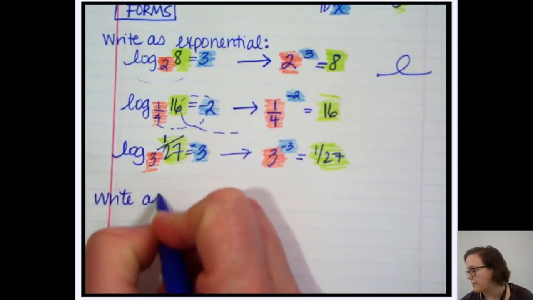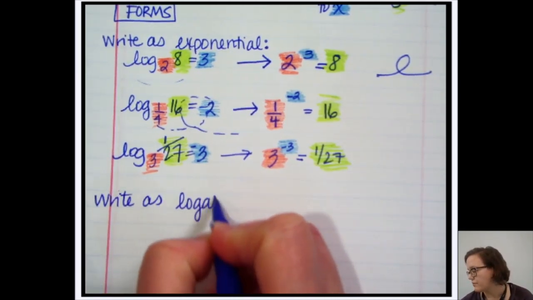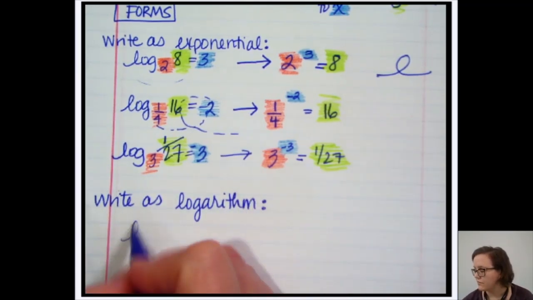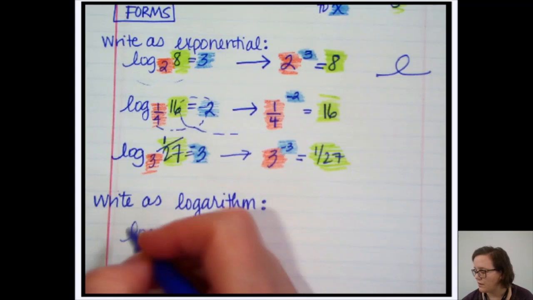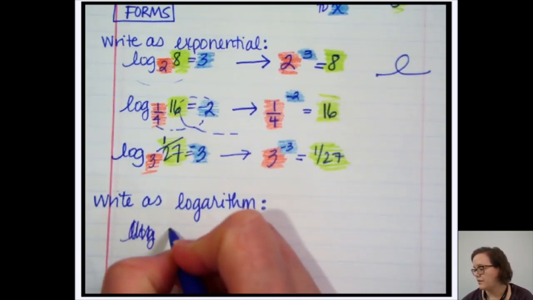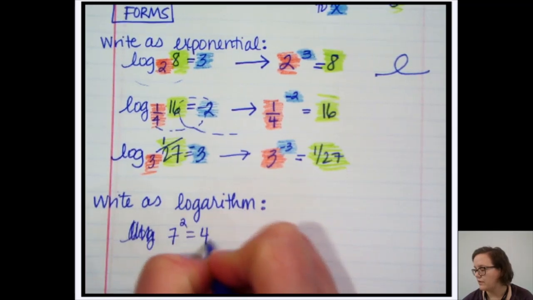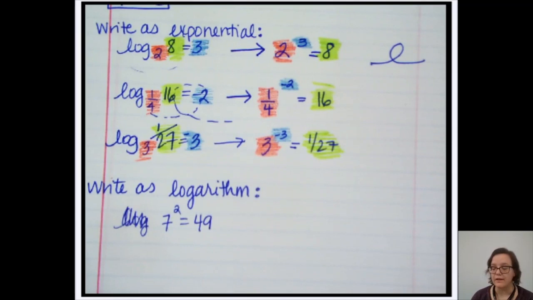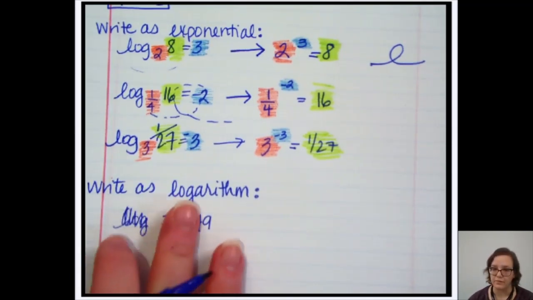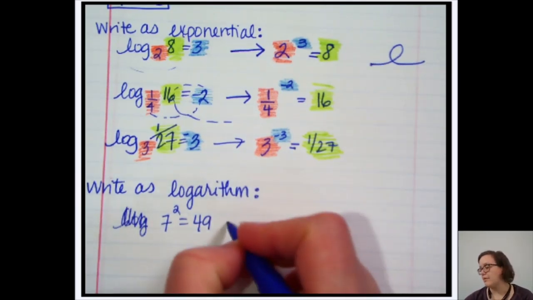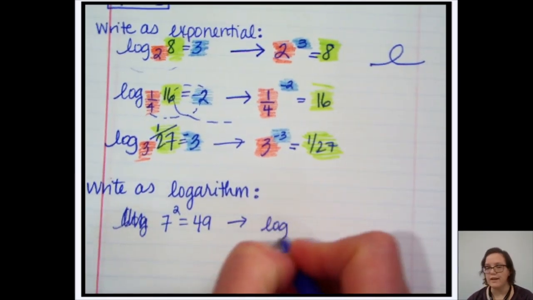And we want to write this as a logarithm. So what about if I have 7 squared equals 49? And again, we're not trying to solve anything. We are just rewriting it. This is the exponential form because I have a base to an exponent equals the 49. So when we go write it in logarithm form, we write log.